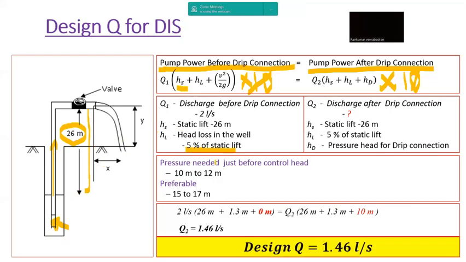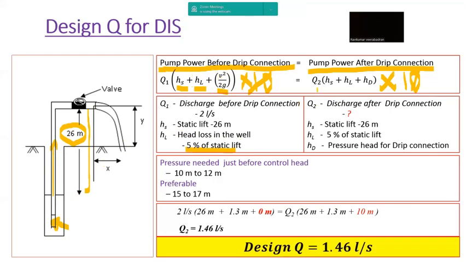It is conventional to take 5 to 15%, but conservatively we can take 5% of static lift to be head loss, this HL. V squared by 2G is the kinetic head. Normally in these kinds of calculations, V squared by 2G will be negligible, and it has already been proved that it will be very, very small. So we neglect V squared by 2G here.